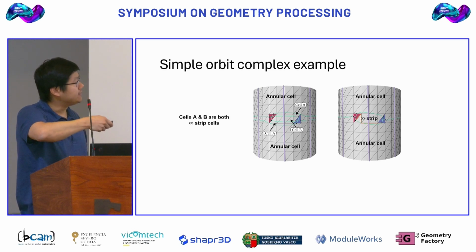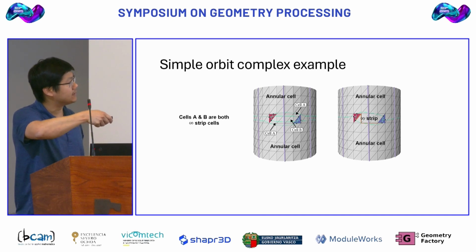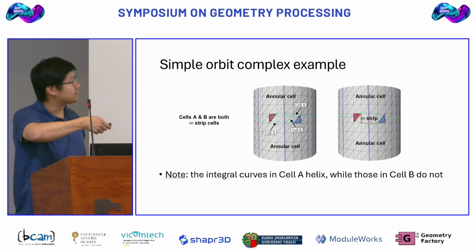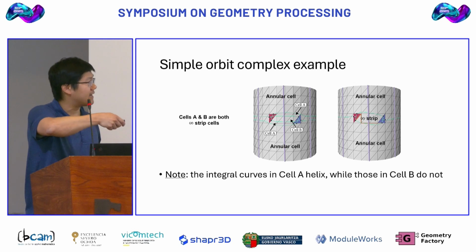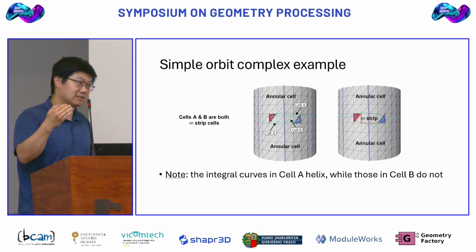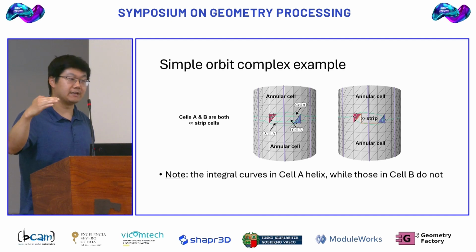And then the infinite strip cells here are, maybe it's simpler on this side. The separatrices happen to align, and we have one infinite strip cell here. And then here in cell A and B, where the separatrices don't coincide, you get this split into two different strip cells. And what's interesting to note here is that the integral curves in A do helix with respect to this wale, whereas the ones in B do not. So what you see about the pattern on the left is you have to be lucky or careful with your sampling when you produce the knit graph.